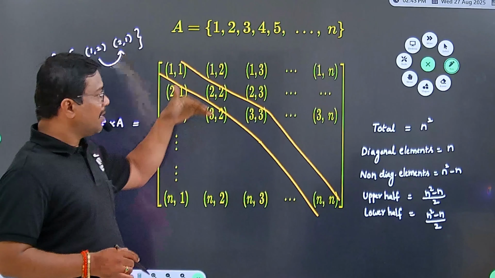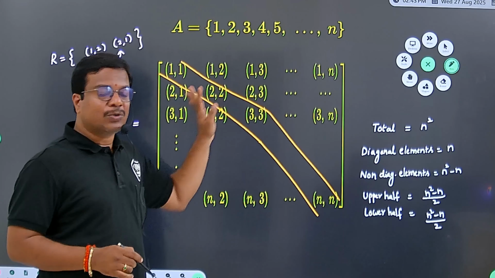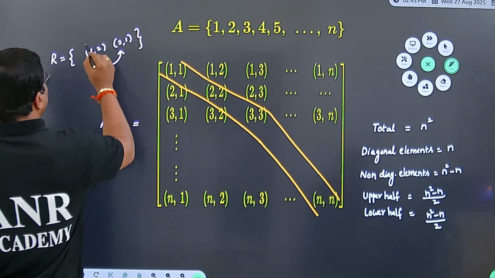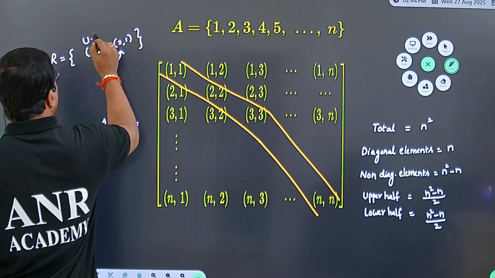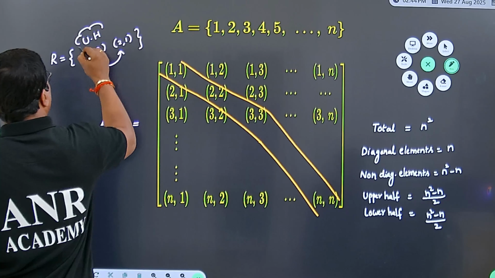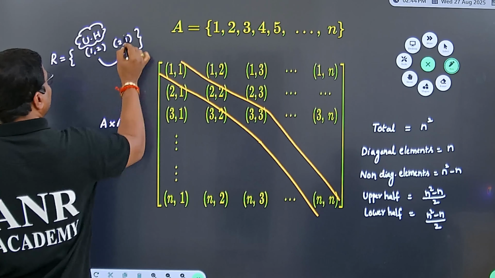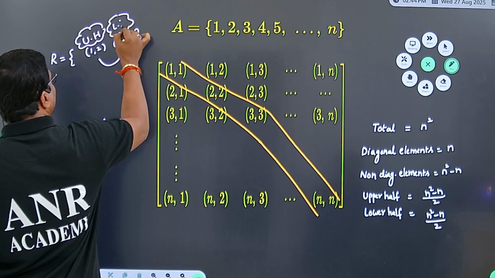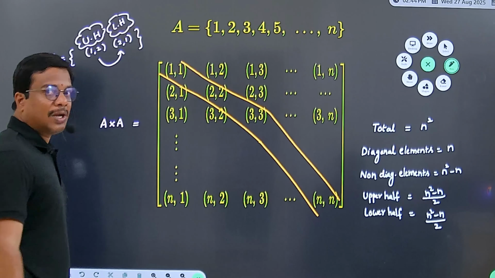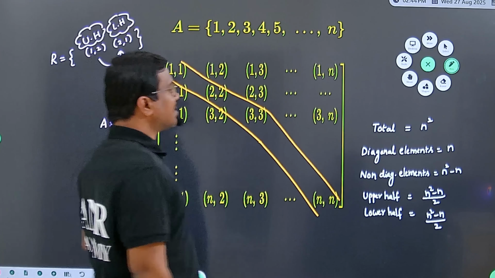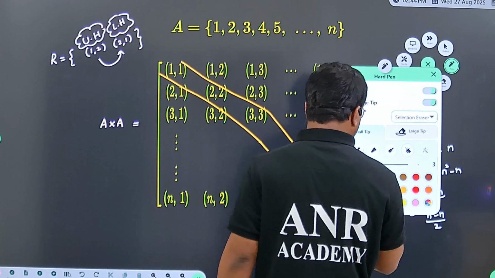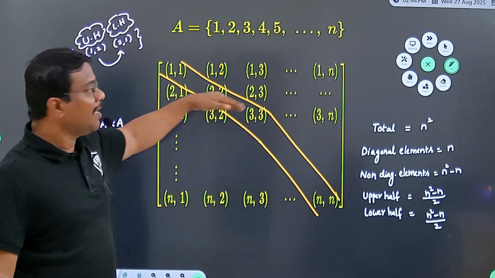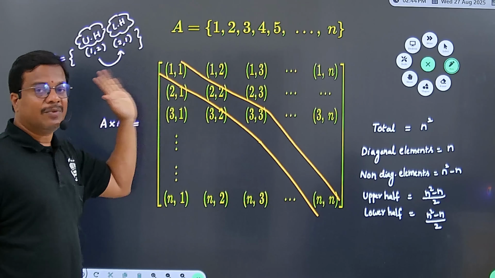Here non-diagonals are divided into two portions, upper half and lower half. Suppose it is an entry from the upper half, then you have to select the corresponding entry from the lower half. Let us cross check the number of ways of selecting one pair from the upper half and an entry from the lower half.